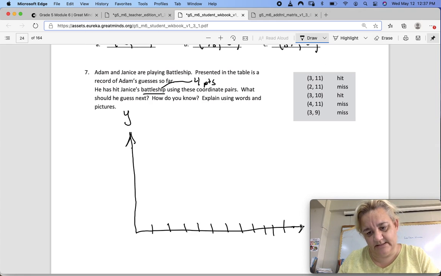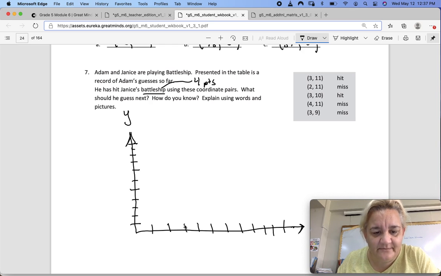And my line's going to continue there. And then this way, 1, 2, 3, 4, 5, 6, 7, 8, 9, 10, 11 is my highest one.